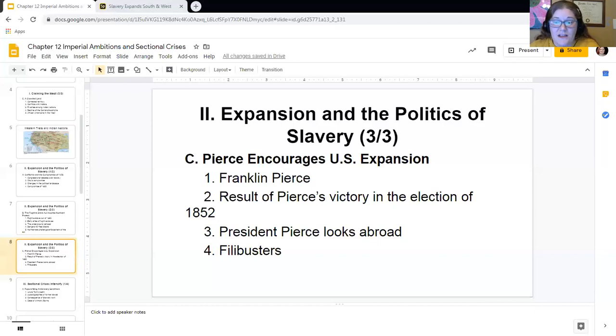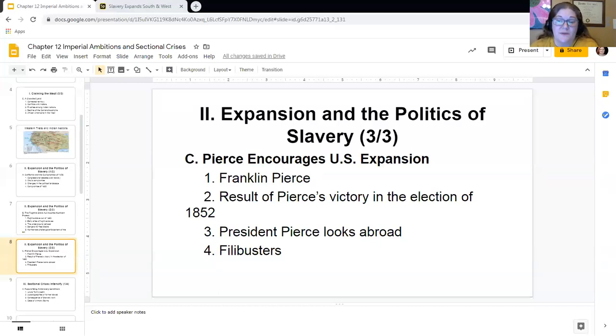Franklin Pierce's victory really leaves the Whigs and the Free Soilers as individual parties in disarray. They're going to need to reinvent themselves, they're going to need to rebrand themselves, but most importantly, they're going to need to pick a side, and they're going to need to have a clear platform on the issue of slavery.